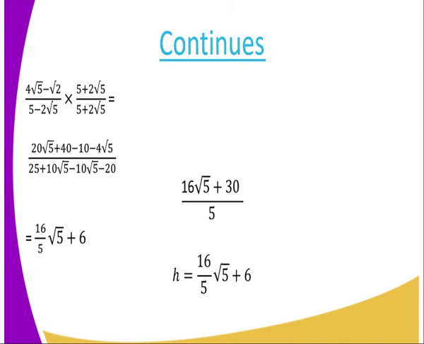So in that case, whatever we get is 16 surd 5 plus 30 divided by 5. So when we divide, you are going to get h equals 16 over 5 surd 5 plus 6. So my a is 16 divided by 5 and my b is 6. So that is the way I'm supposed to use rationalizing the denominator to get my answer.